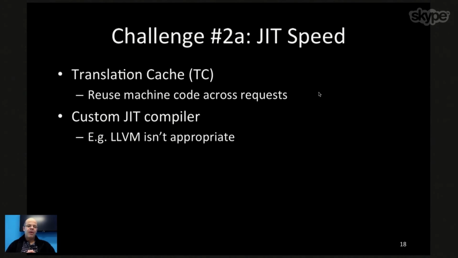And despite that, we thought, okay, maybe we can still use it for the really hot code, if it's able to give us much better performance for the hot code, and still use our custom JIT for the rest. But it turned out that even after trying to optimize it quite a bit and looking at a lot of things in LLVM, it was still not able to beat the performance of our custom JIT. So we ended up just giving up on that completely. And so the custom JIT seems to be the right solution here as well.